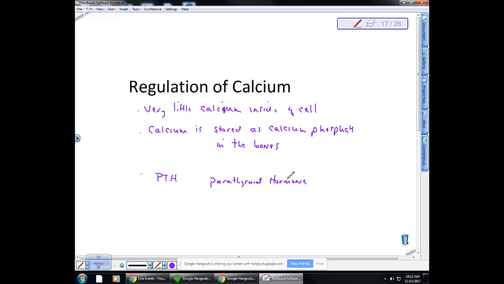So the thyroid is that gland that is like in the center of your throat. We saw that when we did the fetal pig dissections. And so the parathyroid hormones are little patches of endocrine tissue that is in this inferior region. So it's behind the thyroid gland. And this is an important hormone because this causes the release of calcium from the bone.